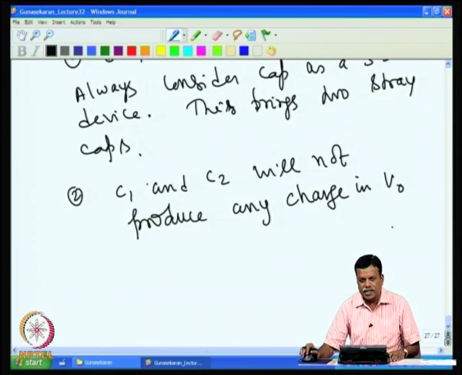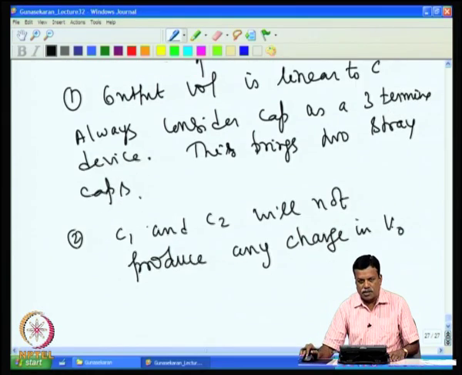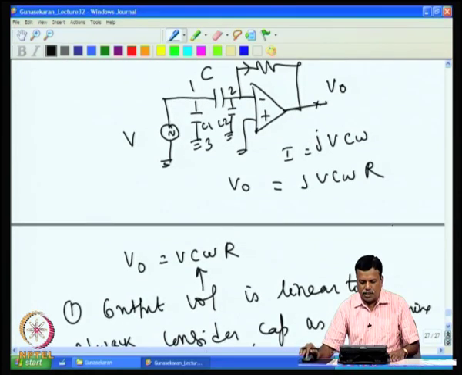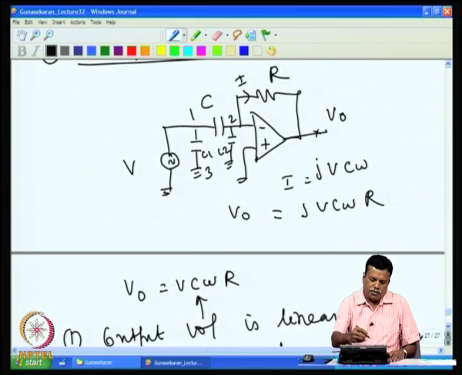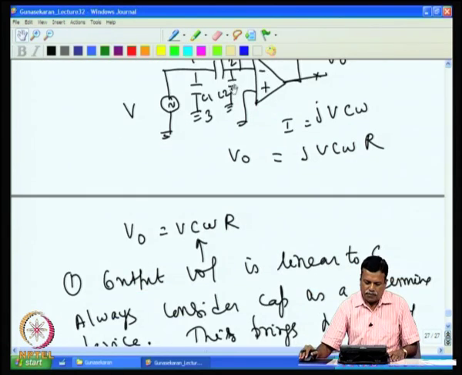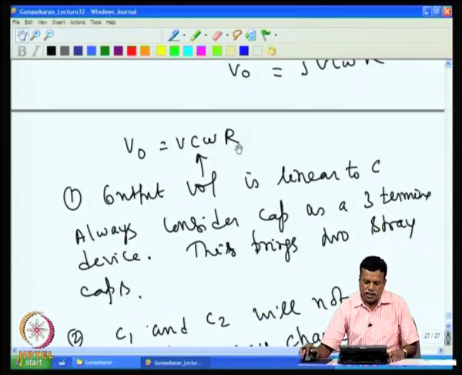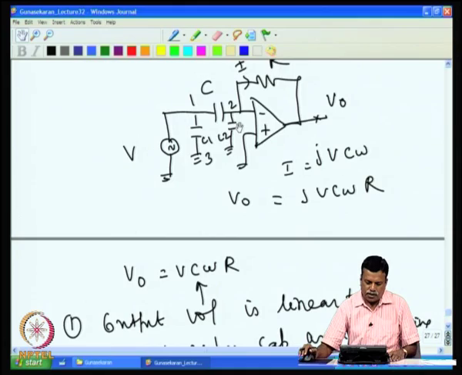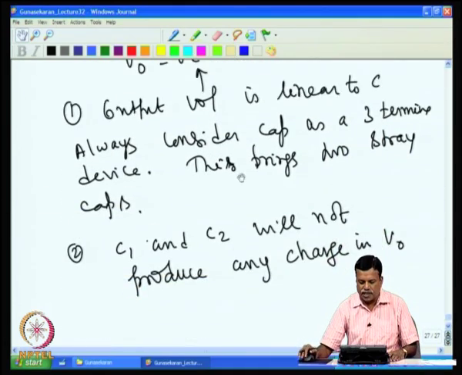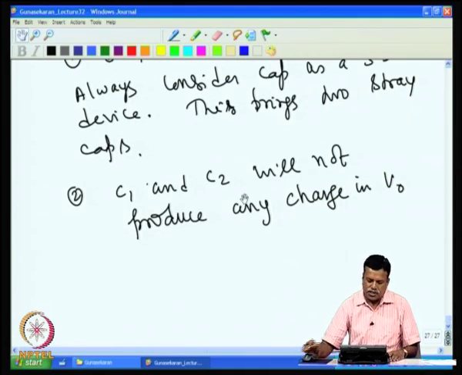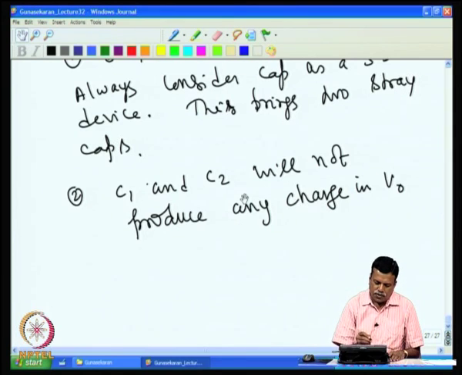This is the ideal case, but it is very nearly true, because the main assumption is that this is a zero impedance source, and this is also at ground potential. The validity of this assumption depends upon the source impedance and the gain of the operational amplifier. Since the gain of the operational amplifier is very high, this is invariably true. So, they will not produce any change in output.